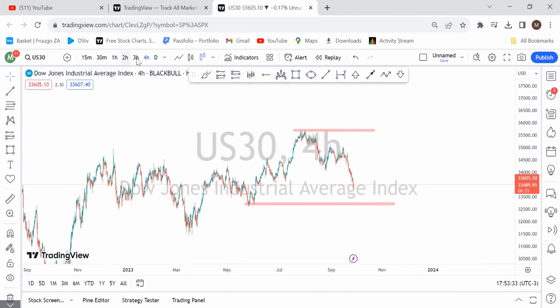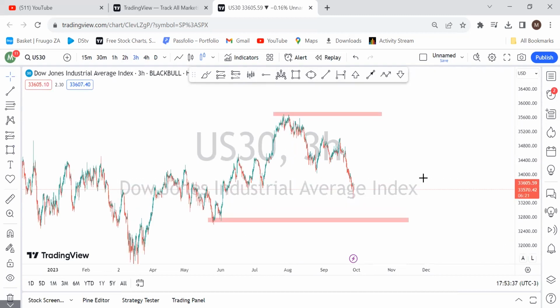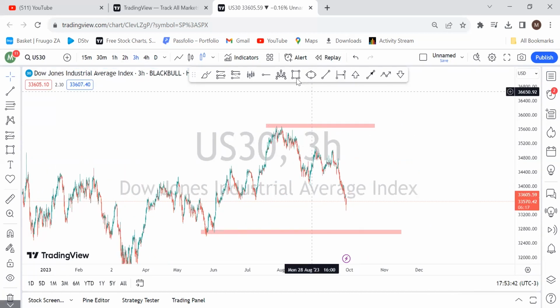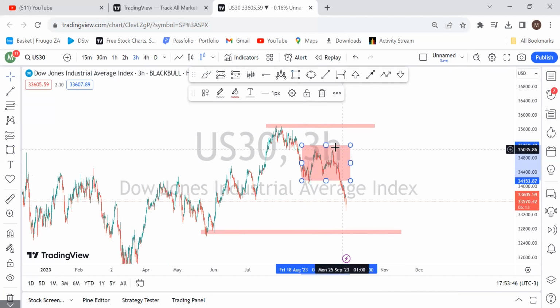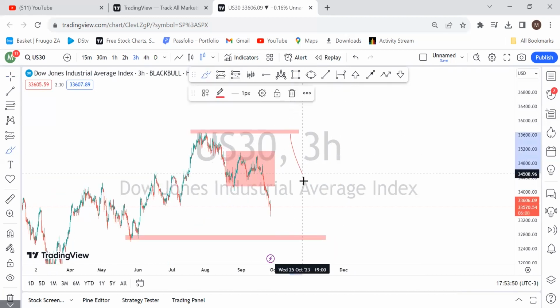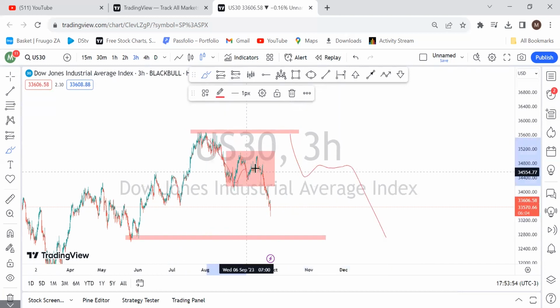So if we focus on what's happening in the middle, you can actually see here we had this nice correction. The price was just going sideways. So remember, we have an impulse, correction, impulse. That is exactly what we have right here.